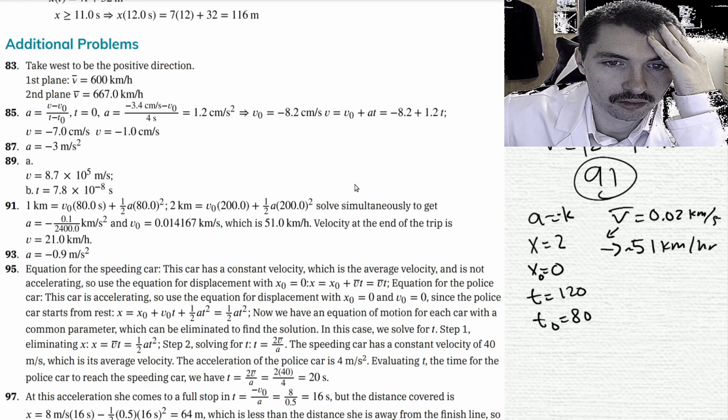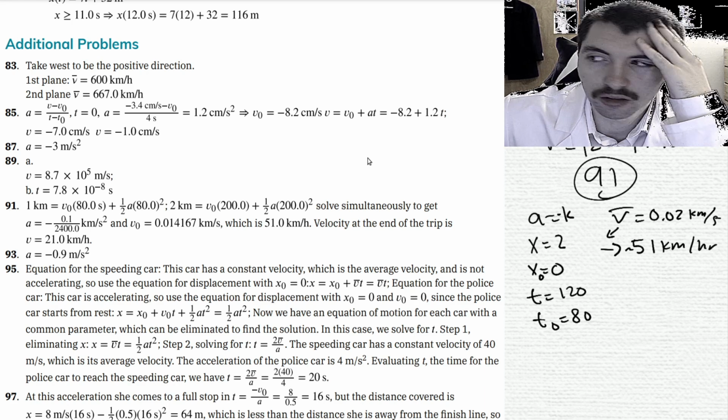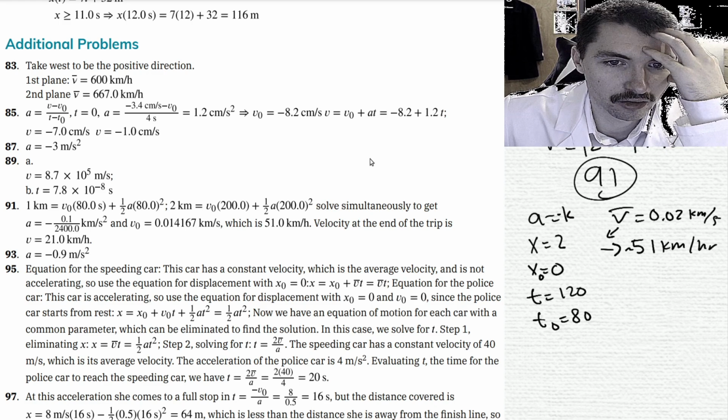I don't know what they mean by solve simultaneously.